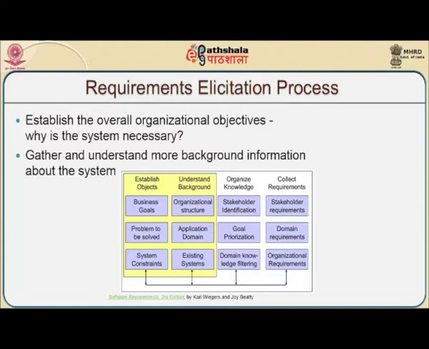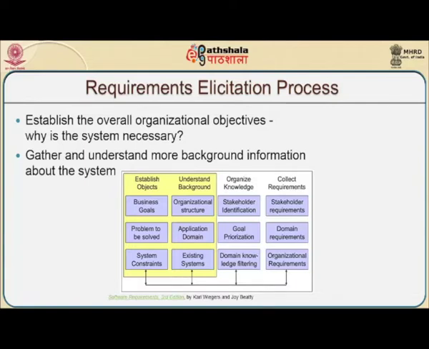After acquiring these objectives, we have to effectively plot the background knowledge acquisition process, which is the understanding of the background. The background information about the system includes information about the organization where the system is to be installed, the application domain of the system, and the information about the existing systems that need to be understood.